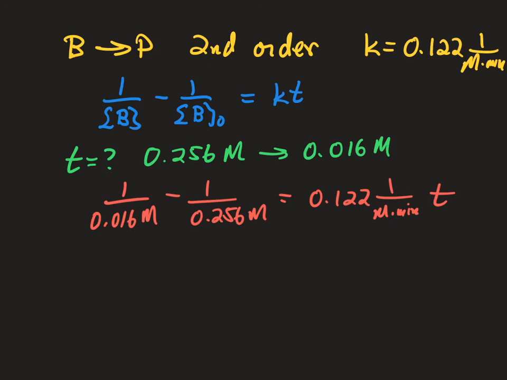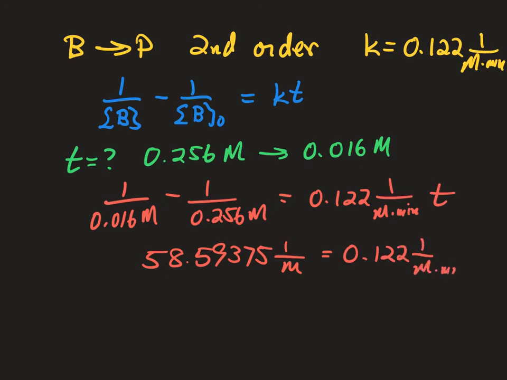If we find the inverse of this and subtract from it the inverse of this, remember our mathematical rules, then you end up with 58.59375. I know I'm carrying extra significant figures here, and that's per molar, is equal to 0.122 per molar per minute times our elapsed time.